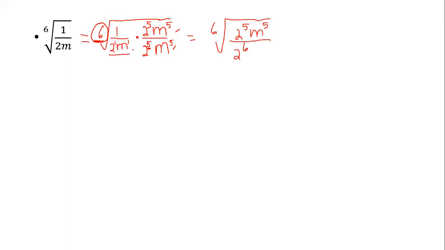Oh, naging 6 na yan kasi pag minultiply nyo, yung dalawang exponential expression having the same base, parehong 2, ang gagawin nyo lang, i-add nyo lang yung exponent. So, 1 plus 5 equals 6. Ganon din po sa m. So, 1 plus 5, okay, equals 6.